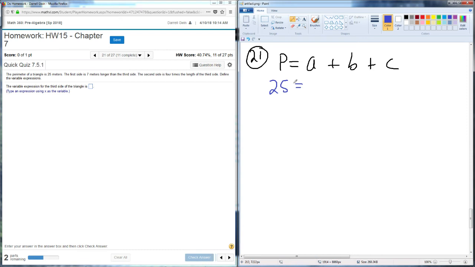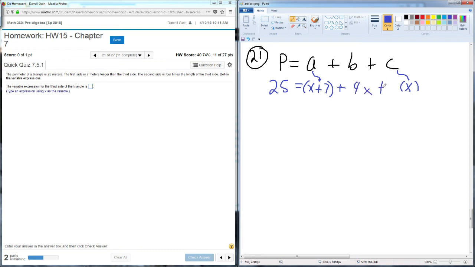If we're comparing everything to the third side C, we're going to call it x. The first side A is 7 meters longer, so that is x plus 7. The second side is 4 times the length of the third side, so 4 times x.